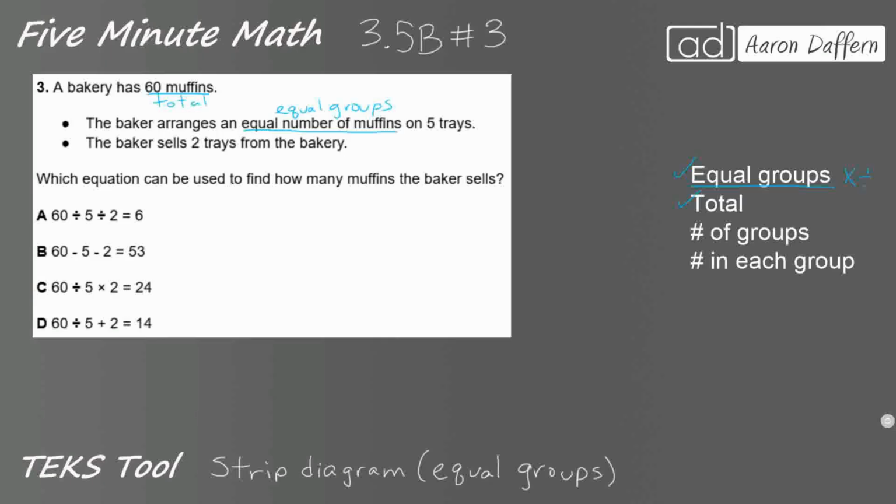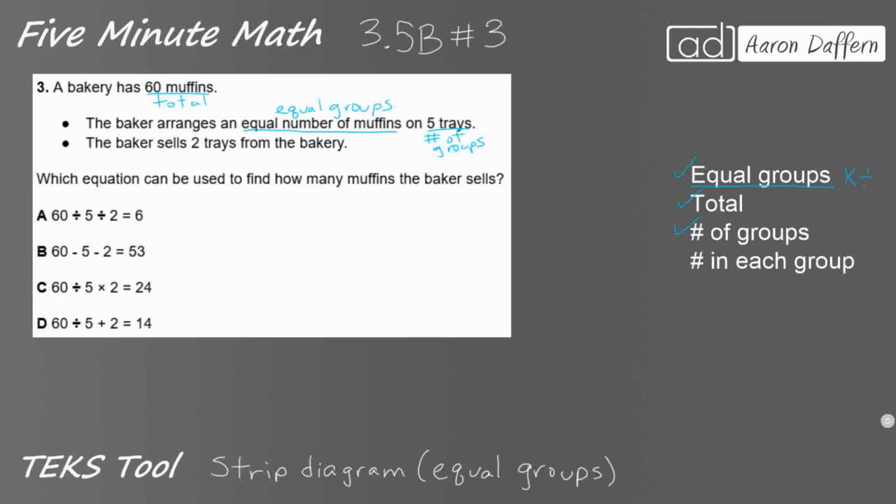You're always looking for either the number in each group or the number of groups. You have to identify what are the groups. Well, they're the trays. The trays are going to serve as our groups. So we've got the number of groups. All right. So typically, that would be all we need. We would need equal group, and then we just need two of the three.